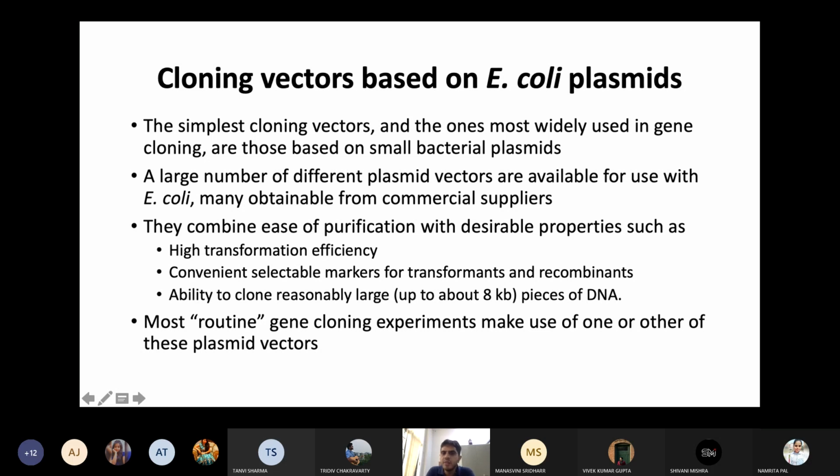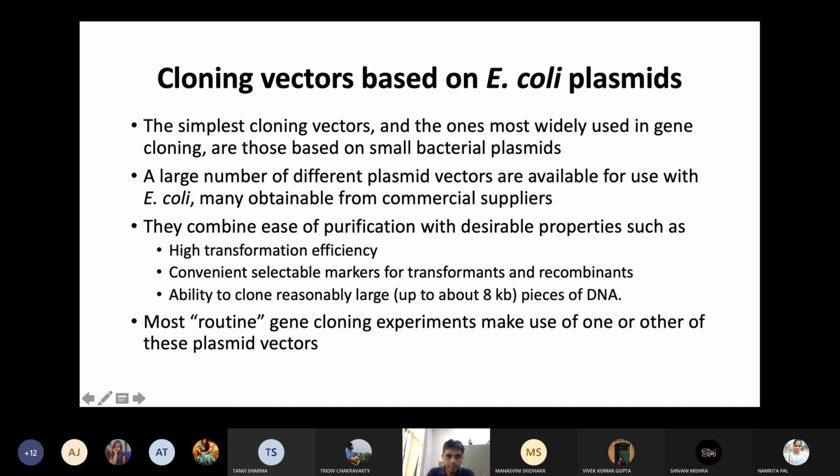The second thing is a convenient selectable marker. Selectable marker means that when you load your vector, your insert or vector, you can select it when it is being transformed, when it is present within the cell. The vector should be able to distinguish between the ligated one, in which your desired segment is inserted, and the one in which the segment is not inserted.